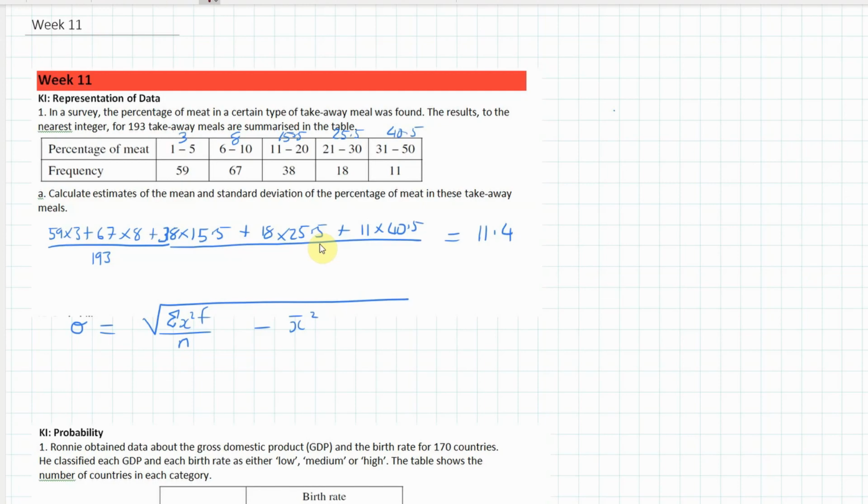So it's like 3 squared times 59. So 9 times 59, which is 531. This is x squared f. Next one is 64 times 67, and that's 4288. The next one is 15.5 squared times 38, and that's 9129.5.